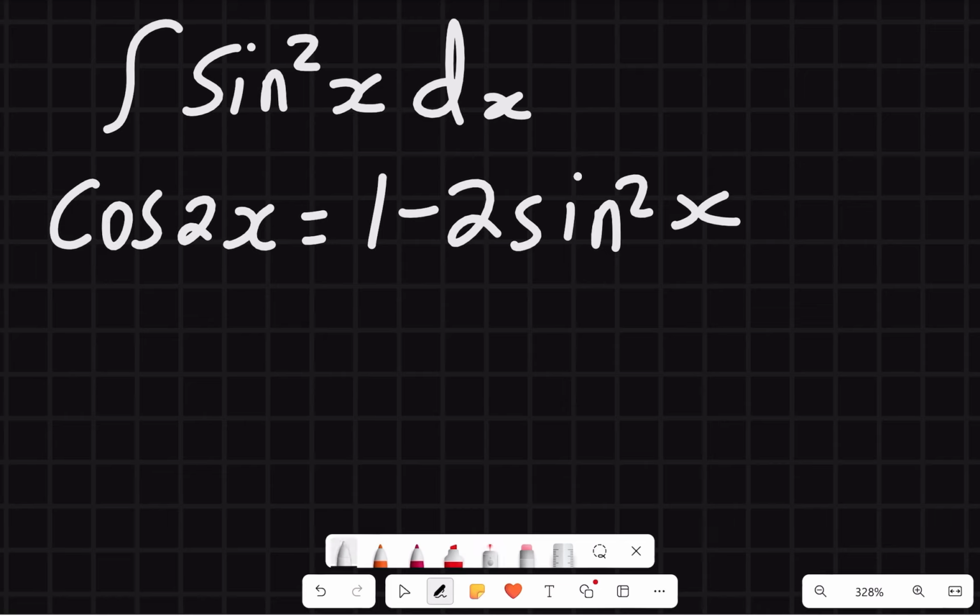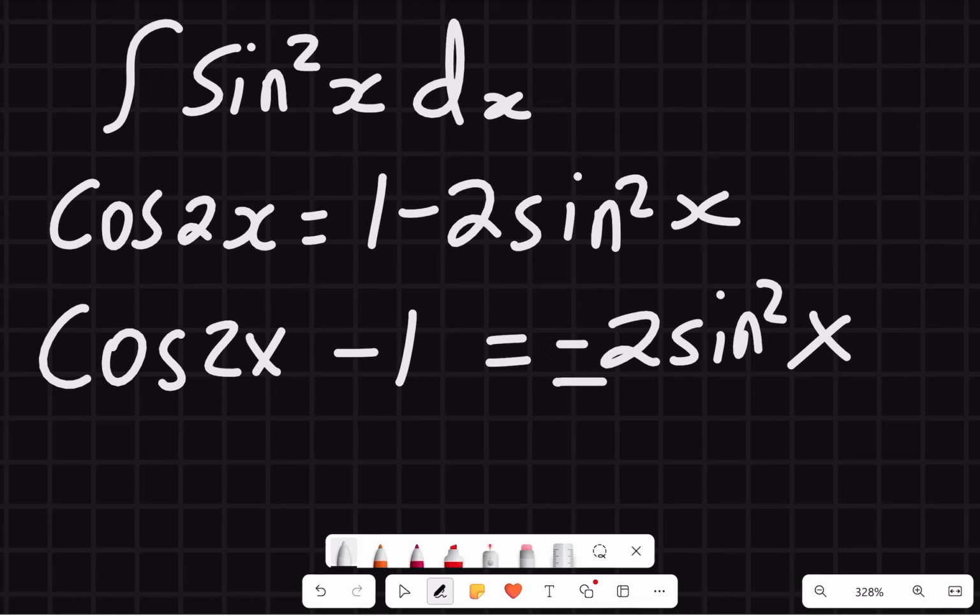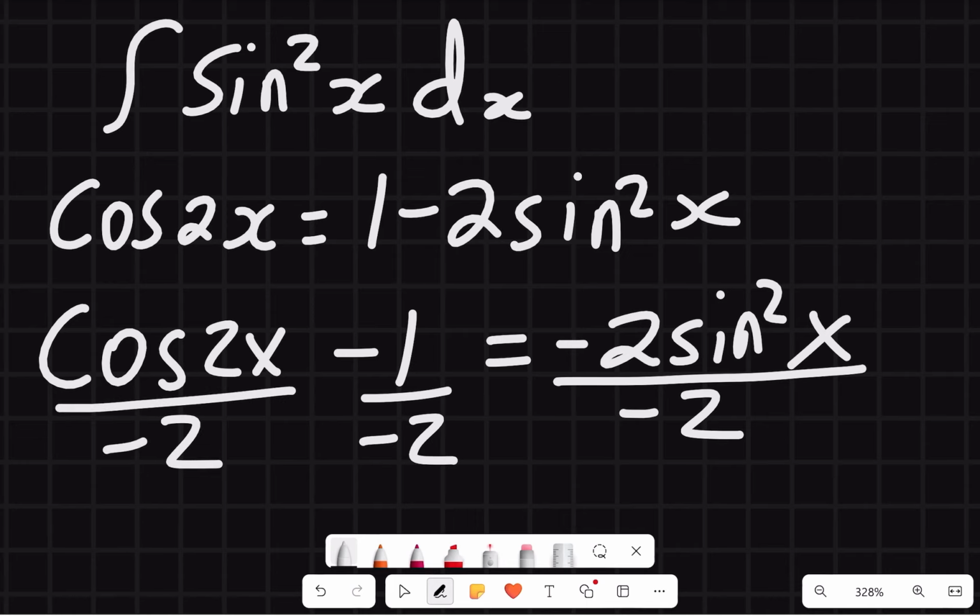We are going to move everything and isolate the sine squared x. So I have cos 2x, I'm going to have minus 1 equals to negative 2 sine squared x. All right, and then so that sine squared x is alone, I need to divide everything by negative 2. So divided by negative 2, divided by negative 2.